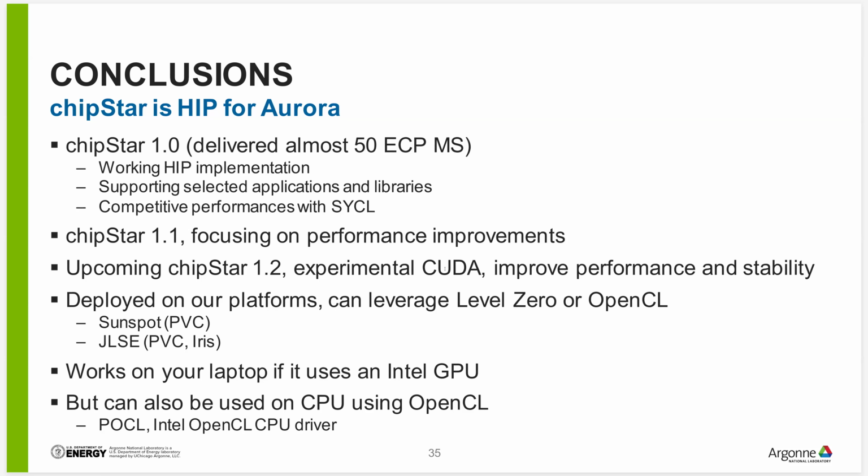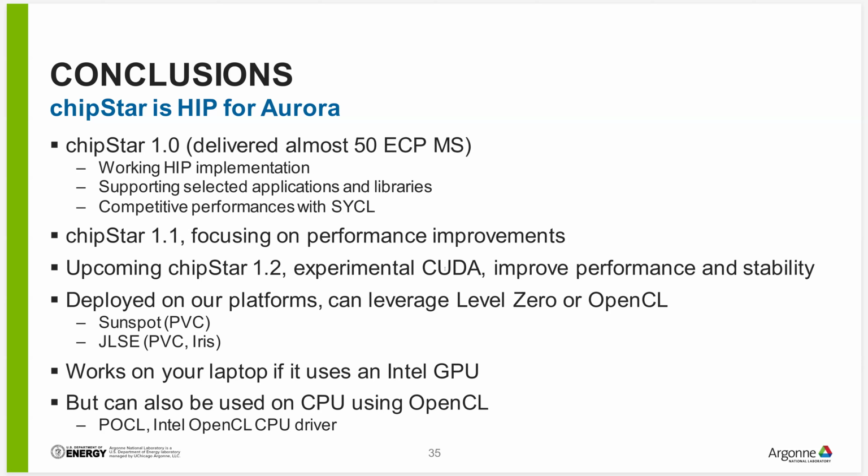We then continued working after ECP on chipStar 1.1, focusing on performance improvement, thanks to the support from ALCF. I would like to thank Mike again for the continued support.